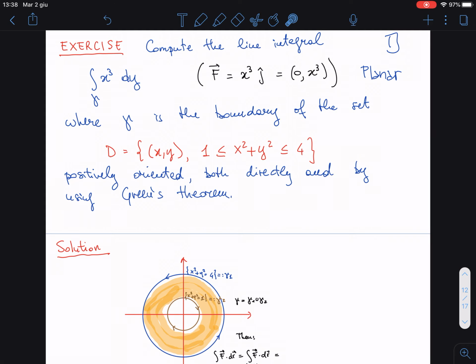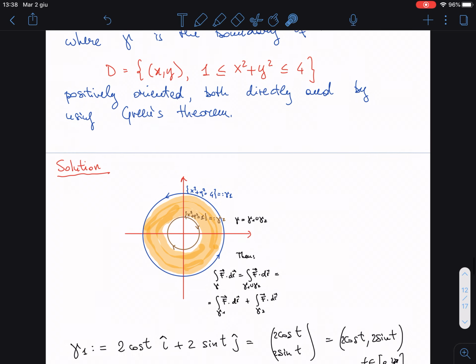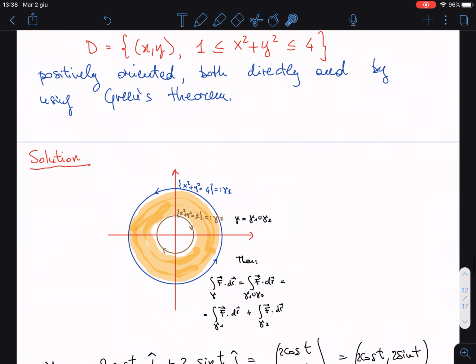If it is not clear, stop here and think a bit about it. And now I give you the solution. The solution is written first by clarifying what is D and then what is the boundary of D. Okay? X squared plus y squared is the squared distance from the origin.